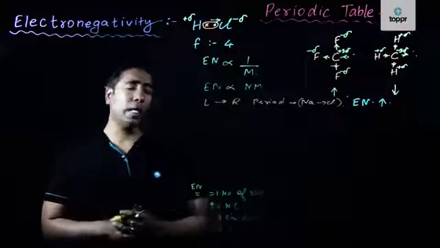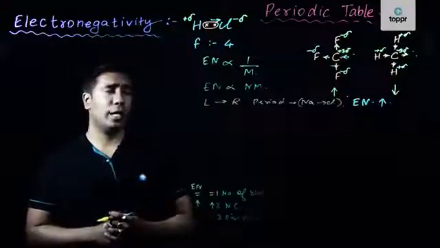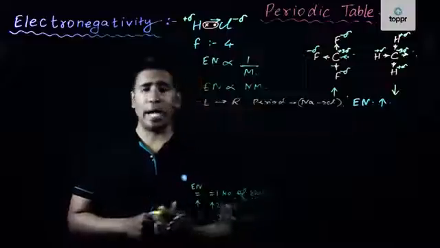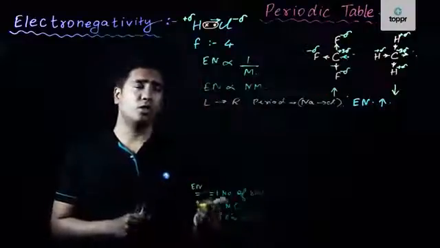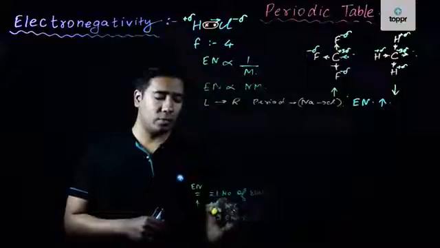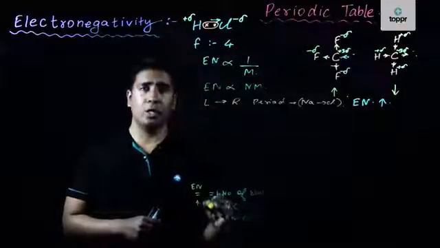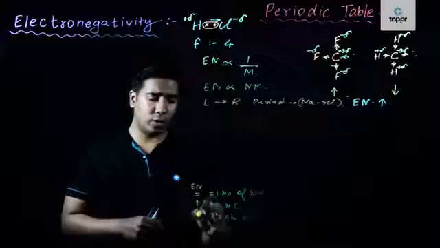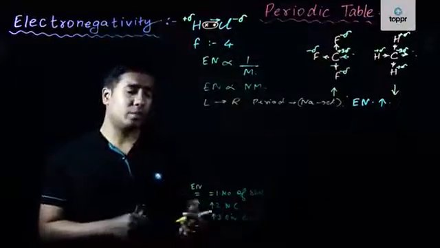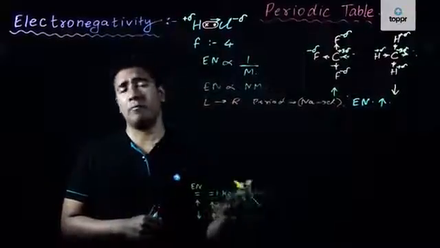Next will be the electronic repulsion. As we move from sodium to chlorine, the electronic repulsion keeps on increasing, and that will be one of the factors which goes against electronegativity. Because of electronic repulsion increasing from left to right, the desperateness with which an electron is pulled is less, because it will be more unstable if the last electron comes.